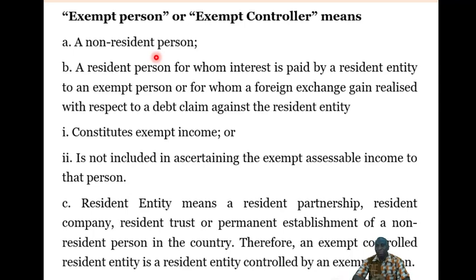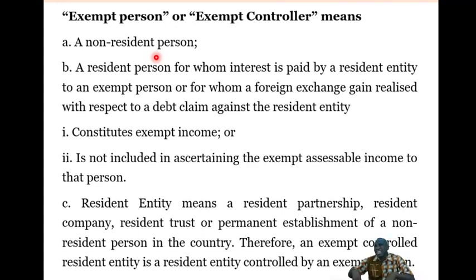That's one meaning. It can also mean, this time round, a resident person. For a non-resident person, they didn't say anything in addition. Once you are a non-resident person, you are an exempt person, so all non-resident persons are exempt persons.